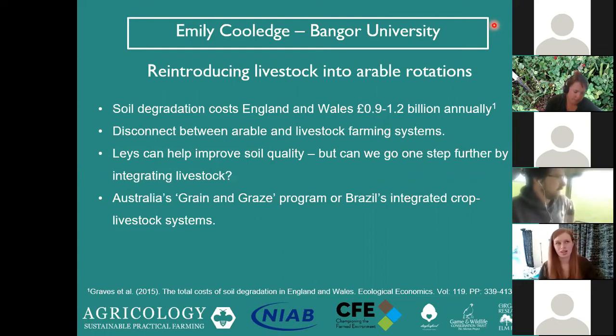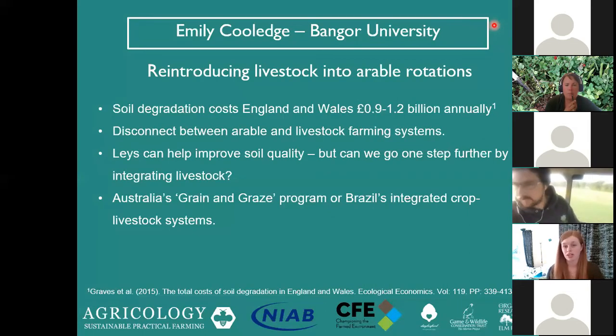Other countries are already using programs such as Australia's Grain and Graze program or Brazil's integrated crop livestock system to reintegrate livestock back into the crop rotation. In the UK, we don't really have anything similar other than the arable lay crop rotations.